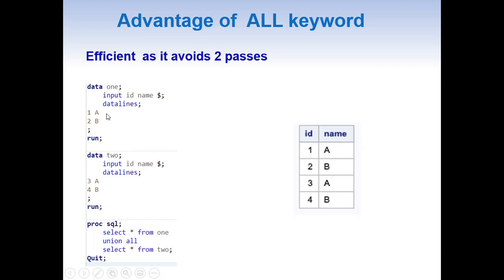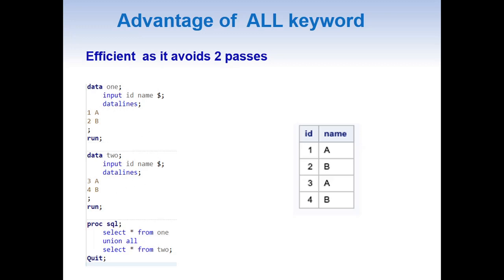If there are duplicates, it will remove the duplicates and then append these two data sets. So whenever we just use the keyword union, it has to take two passes. The first pass is to check whether there are any duplicates within the data set or with the other data set, and if there are, it will remove them. That is the first pass, and then it will append. With the all, it just appends without doing those two passes.